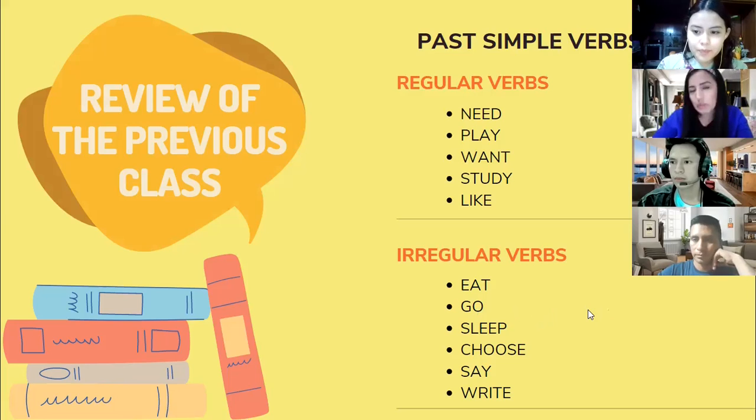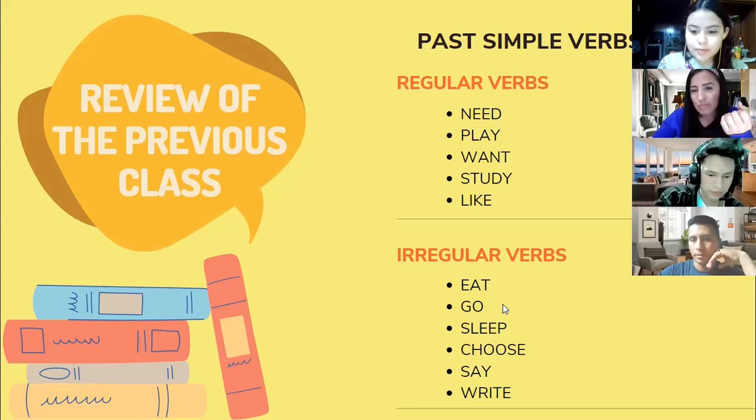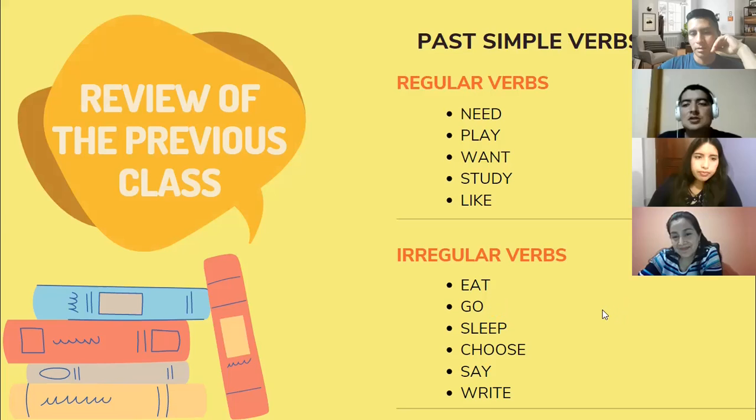Can you hear me? Repeat, teacher. Okay, the past form of the verb go. Go. Can you tell me? Went. Went, correct. It is went. Very good.